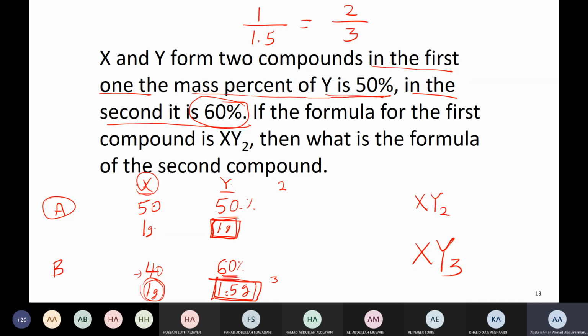I will put 1 to 1.5. 1 to 1.5 is not a simple ratio, I want to make it 2 to 3. Since the first compound is XY2, what must be the formula for the second compound? It must be XY3, because we got 2 from here and 3 from here.